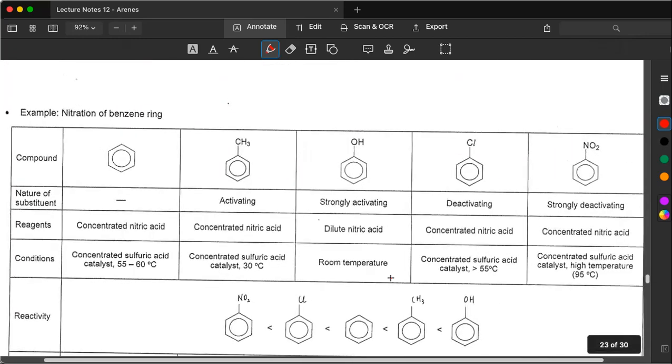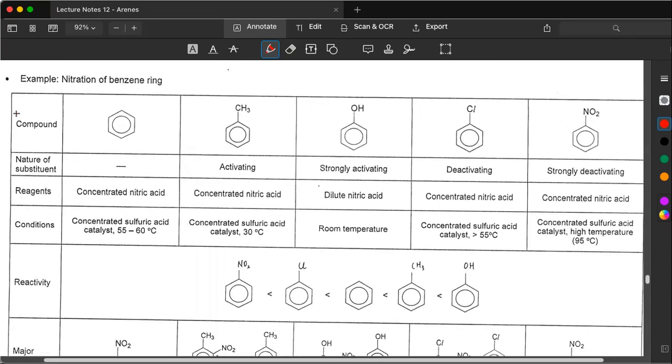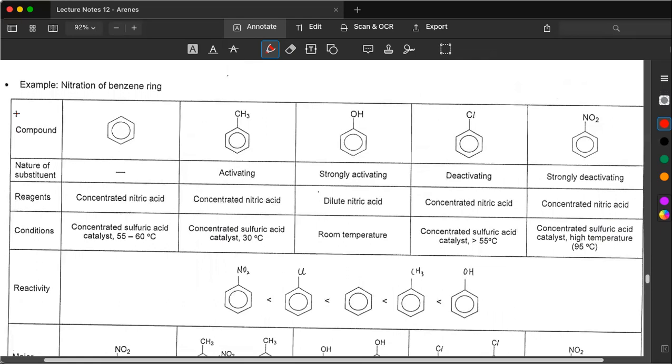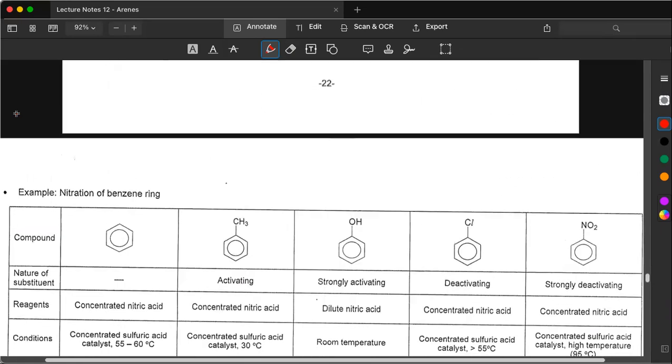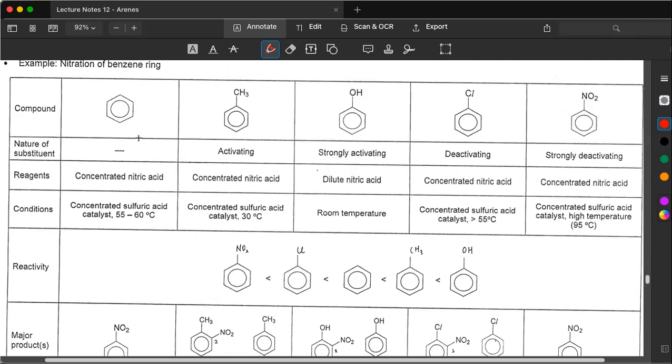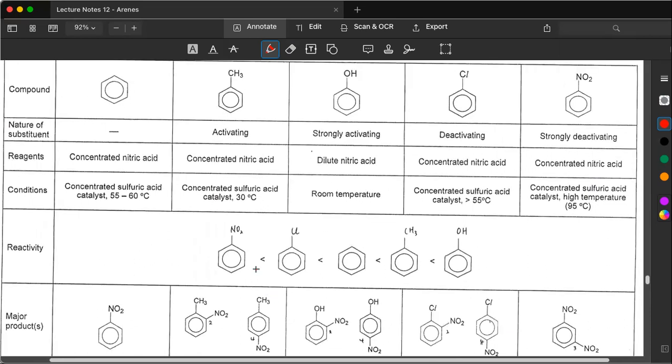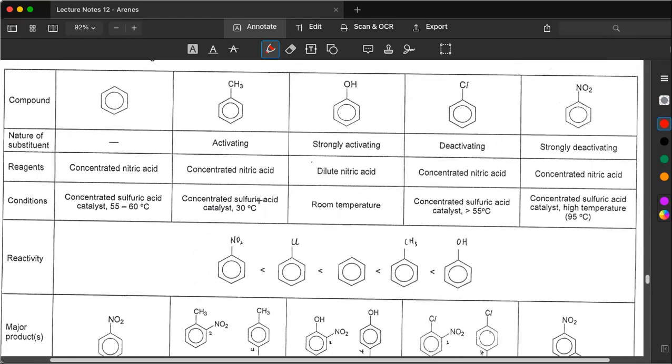So this is a list of activating and deactivating groups on the benzene ring and the difference in conditions, all right, to show you how it works out. So this is just benzene alone, and we have the conditions as such. And this is methyl benzene.